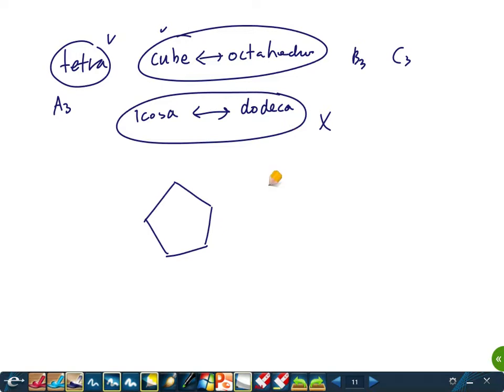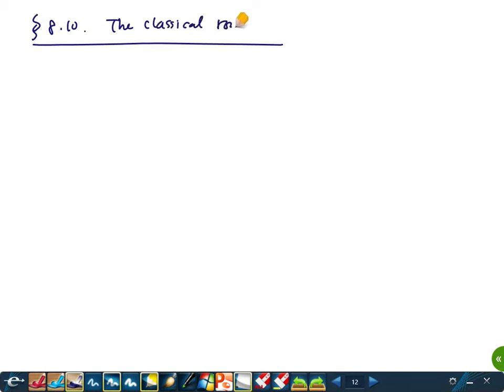Okay, now let me tell you more about the general situation. So the classical root systems. By the way, the irreducible root systems of rank 3 are these three things, A3, B3, C3.